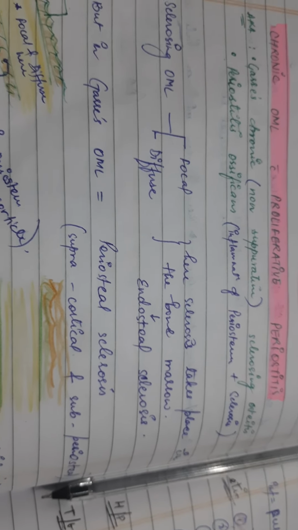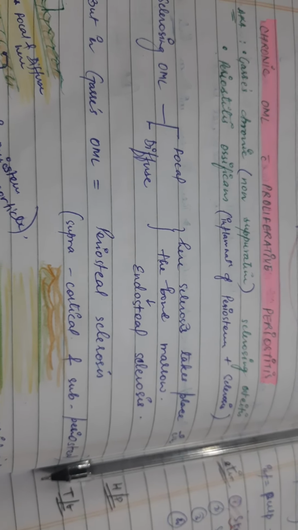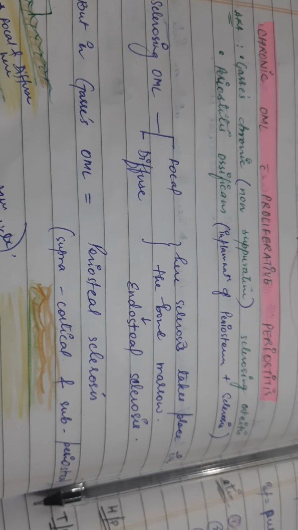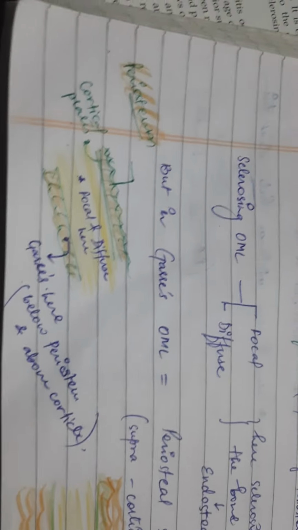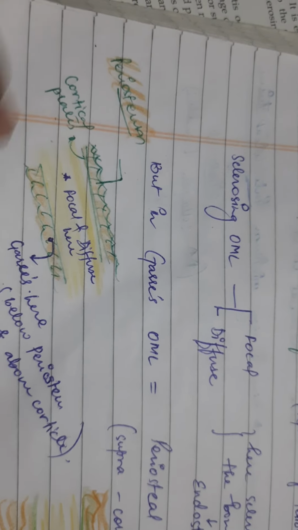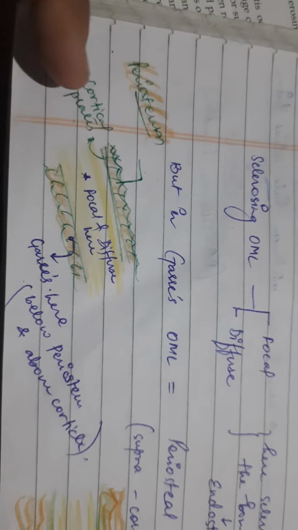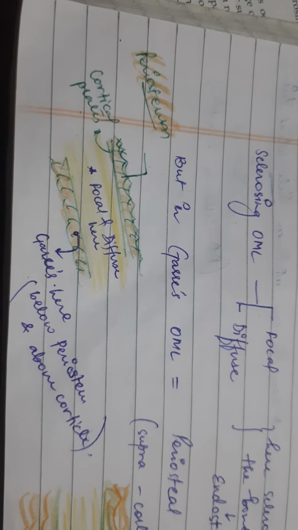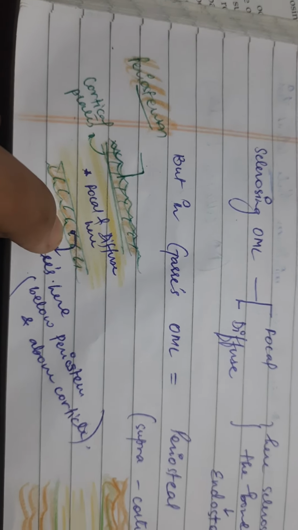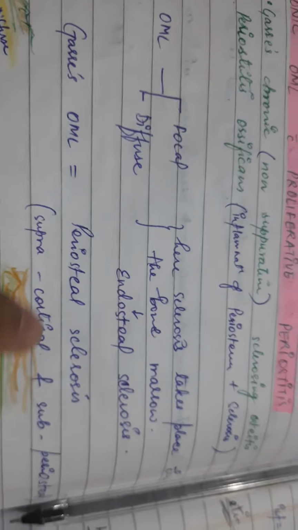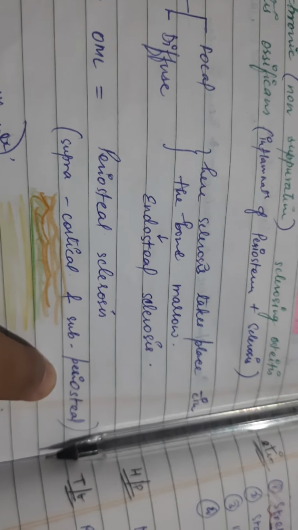So it will raise the periosteum because it is below it. In focal and diffuse types it is in the endosteum; in Garre's it is below the periosteum and above the cortical bone plate, supracortical and subperiosteal.